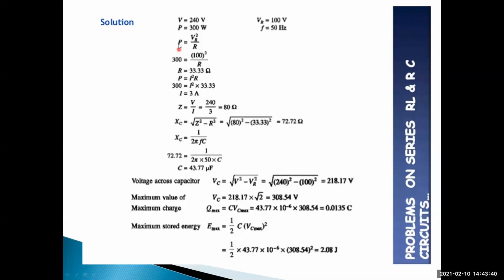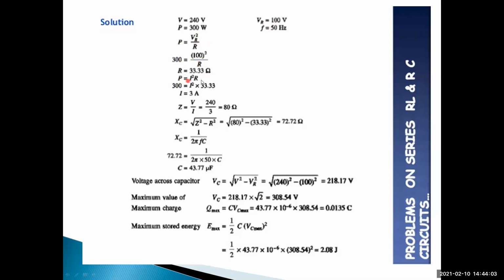Power is equal to VR square by R, the voltage across the resistance squared divided by R. Power is 300 and VR is 100, so R is equal to 33.33 ohms. By using this relation we are finding resistance.